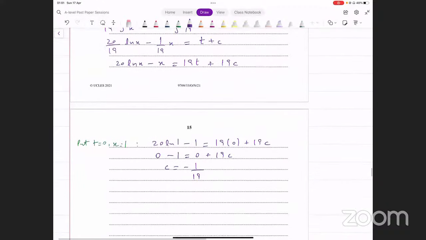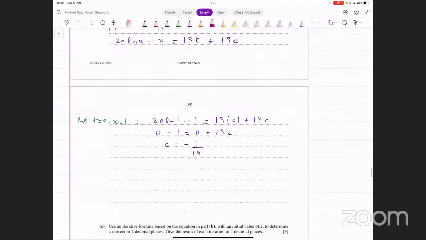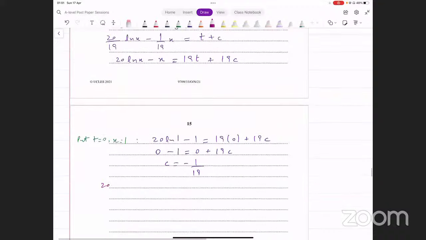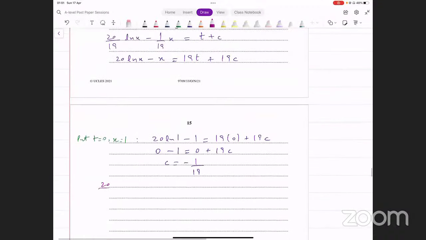Now we've got that equation: 20 over 19 ln x minus 1 over 19 x equals t minus 1 over 19.